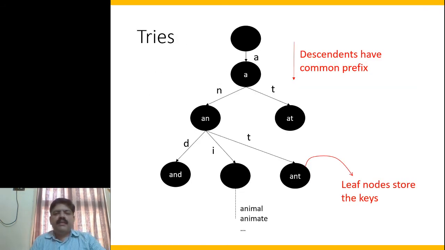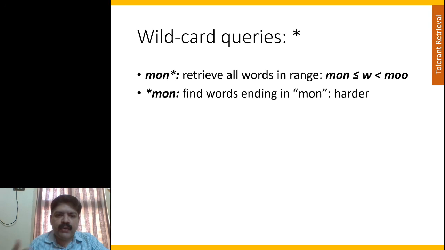These dictionary representations lead us to easier ways of achieving our queries. One of the complicated query types that we have seen are wildcard queries. How would we process wildcard queries with a dictionary like this?